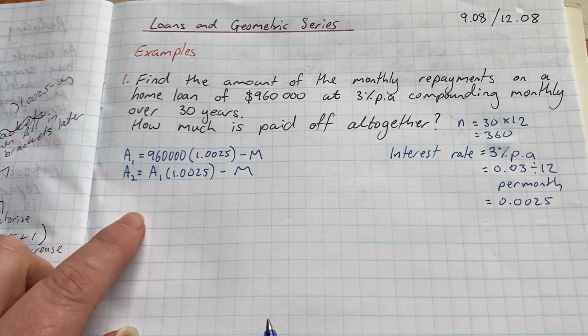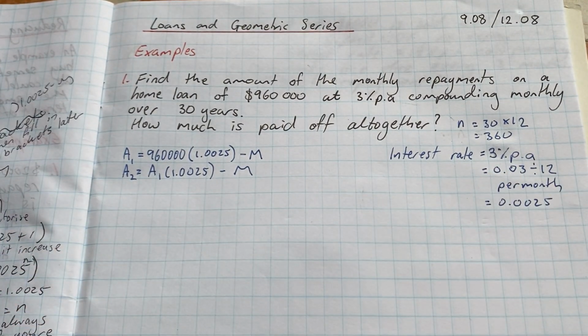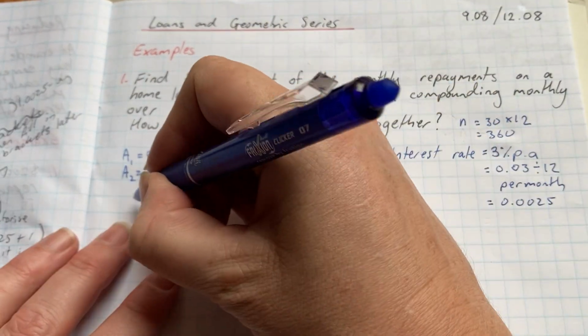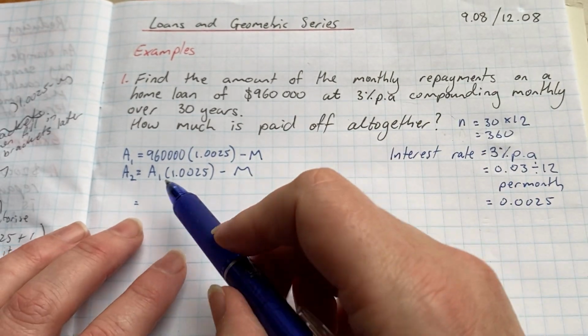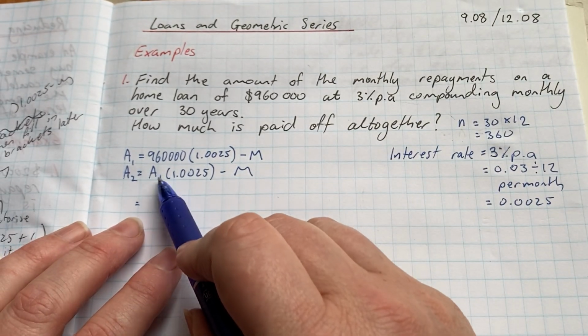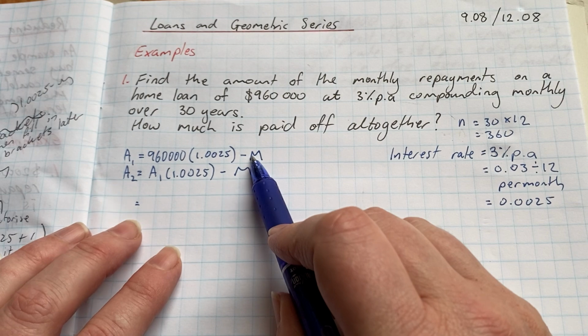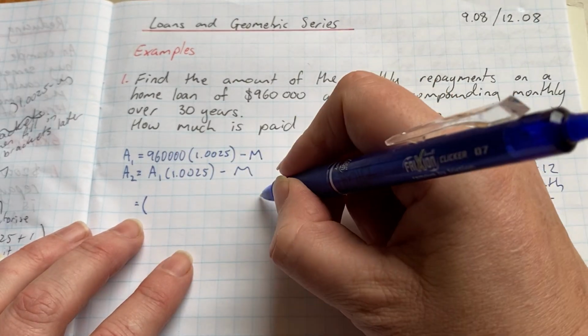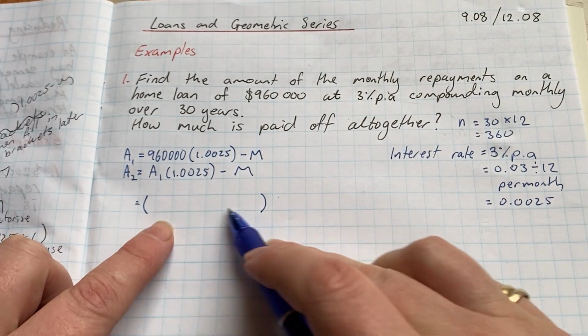So now we need to work out what this is. Now this is one of the biggest tips I've got here. We need to write this number for A1. Now my tip is to write brackets first, the size of A1. Okay, that's our A1.